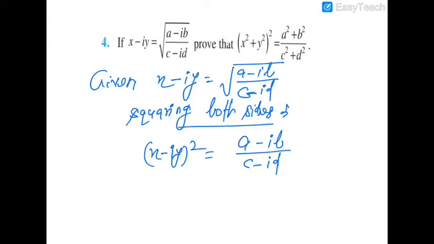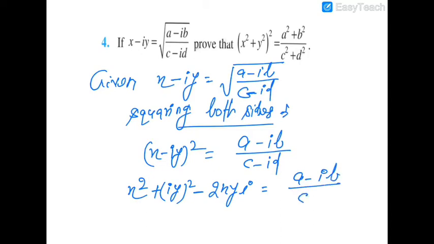Now square it. So we'll be getting x square plus (iy) whole square minus 2xyi is equal to (a minus ib) upon (c minus id). This is the squaring.